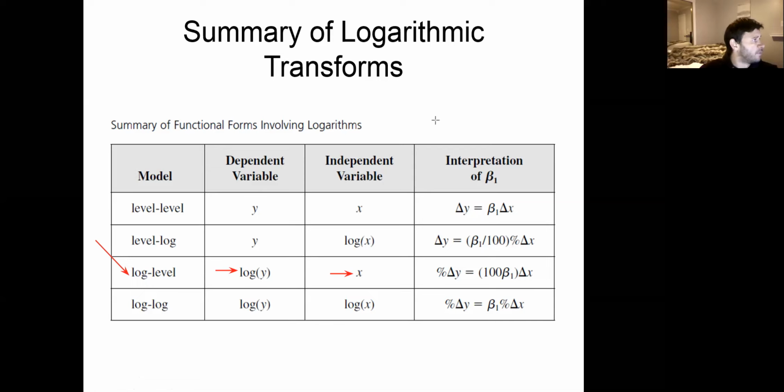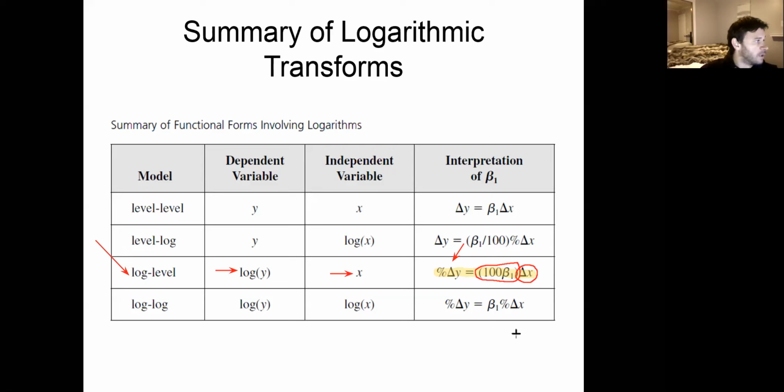You'll notice, if you go to the right column in this table, that we have a slightly different interpretation of how we utilize our beta 1 coefficient to predict the percentage change in Y. Since Y is logged on the left, we're now thinking about percent changes in Y, not just the change in Y. But X is not logged on the right, so we're just dealing with delta X. The way we have to interpret beta here is to take it and multiply it by 100 before we multiply it by the unit change in X, to allow us to predict the percentage change in the Y variable.